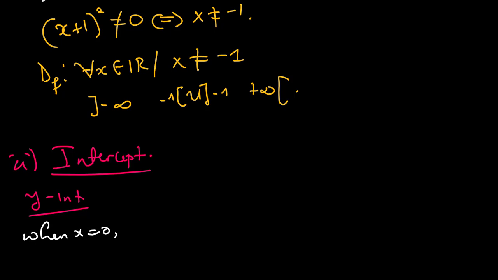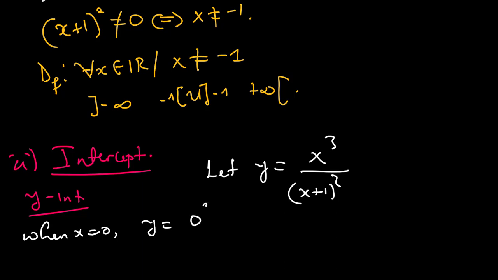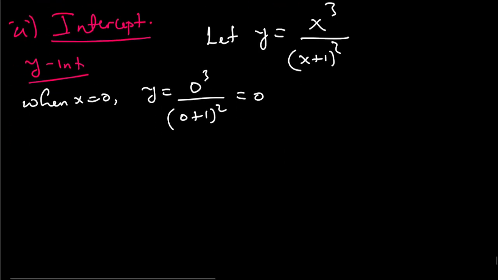So when x is equal to 0, we replace in our function. If we let y be the function x cubed divided by (x plus 1) all of that squared, which is our f of x, when x is 0, we clearly see y will be equal to 0 cubed divided by (0 plus 1) all of that squared, which is going to be 0. So the y-intercept is 0. We can write this intercept in the form of a point: when x is 0, y is 0.